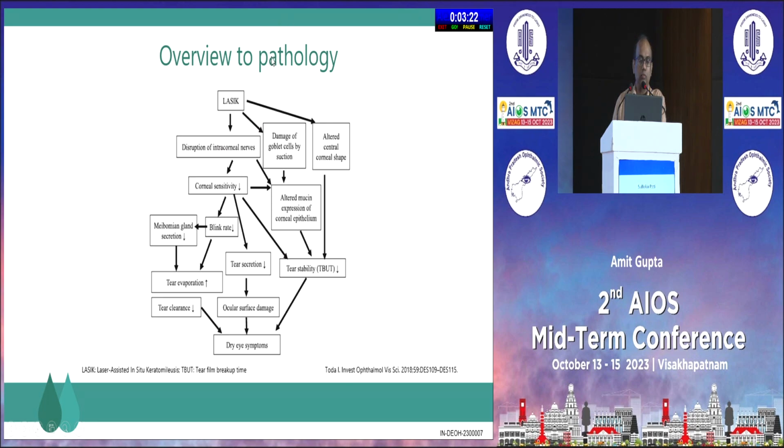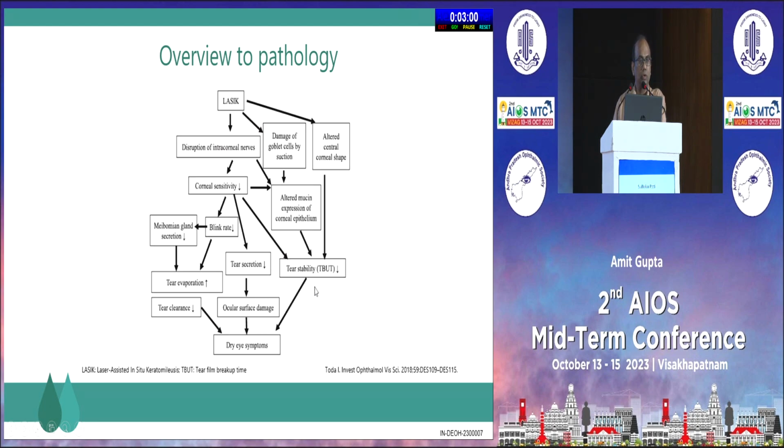So LASIK would cause sectioning of the nerves, which would cause decreased corneal sensitivity, which would then cause a decrease in blink rates. If the blink rate is decreased, your meibomian gland, which with every blink releases a certain amount of meibum into the tear film to stabilize it, is affected, so that is decreased. The decreased blink rate also causes increased evaporation.